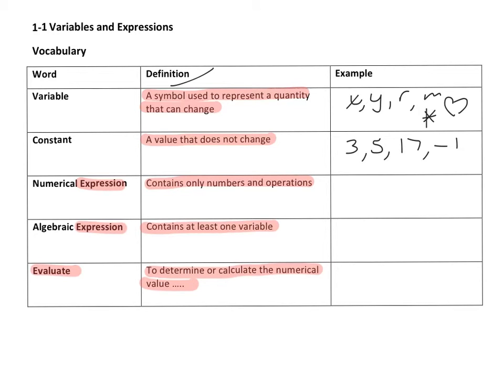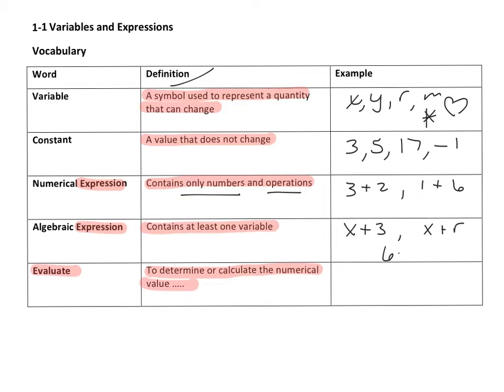A numerical expression, only numbers and operations. So 3 plus 2. 1 plus 6. These are numerical expressions. An algebraic expression has at least one variable, x plus 3. Now let's add two variables. How about x plus r?